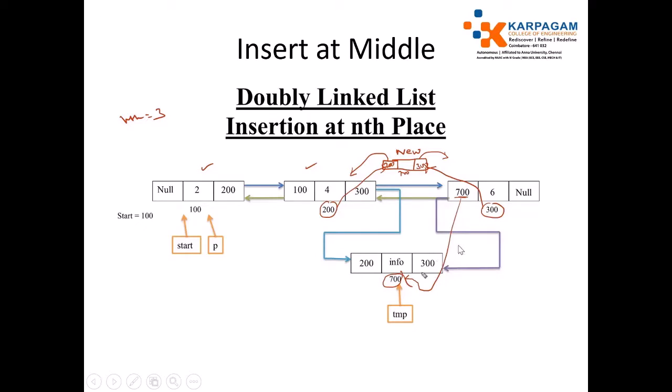After that only set third node of previous equal to new node. Then second node of next equal to new node. Because you have to set, we need to change 4 addresses. This address, this address, this address, and this address. So this aims to provide the logical link.